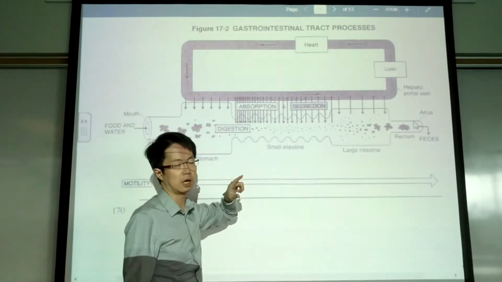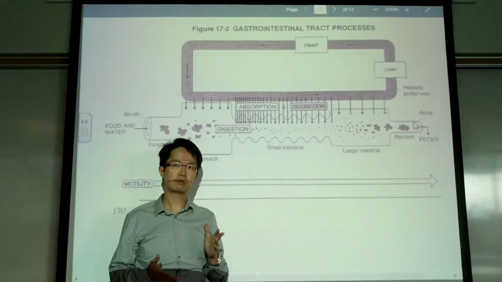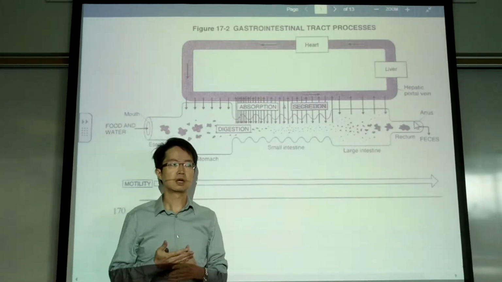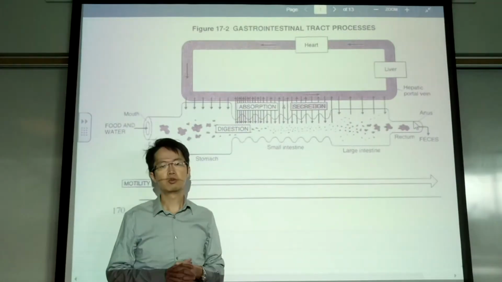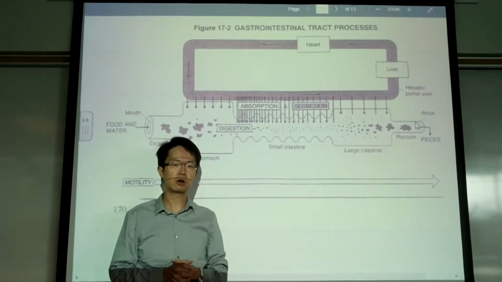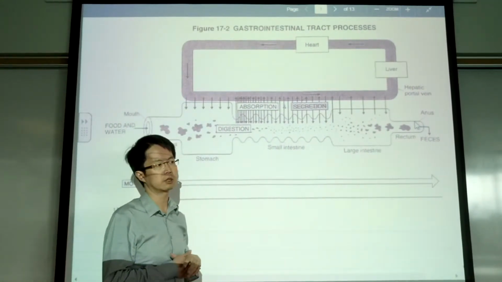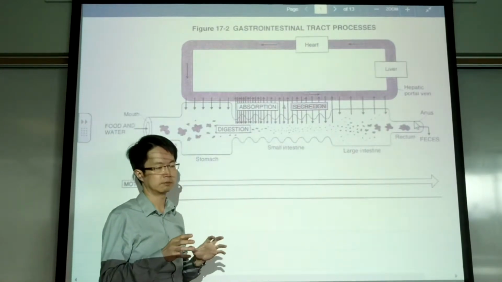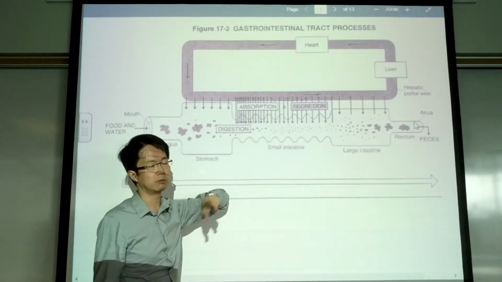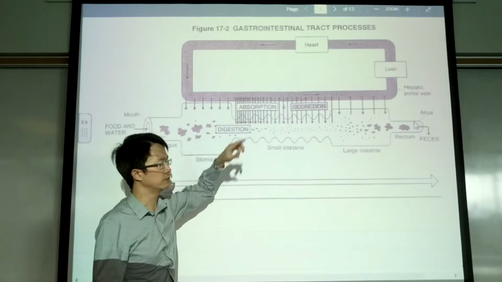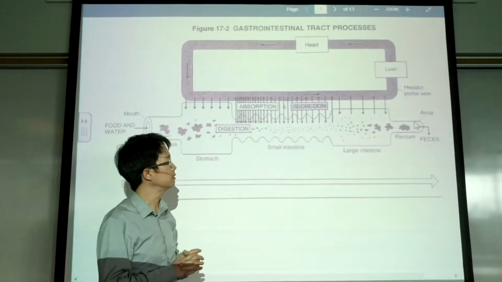Absorption means, remember what we learned at the beginning of the semester, that the four major biological molecules are polymers. Undergoing hydrolysis, we can break down the polymer into monomer. The process of digestion in the GI tract is basically breaking down the polymer into monomer so that our intestine can absorb the monomers into the bloodstream, monomers such as glucose, amino acid, fatty acid, and so on.